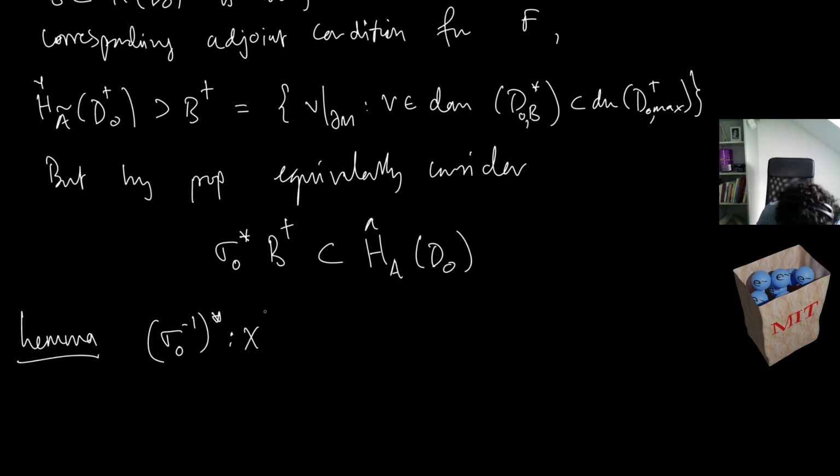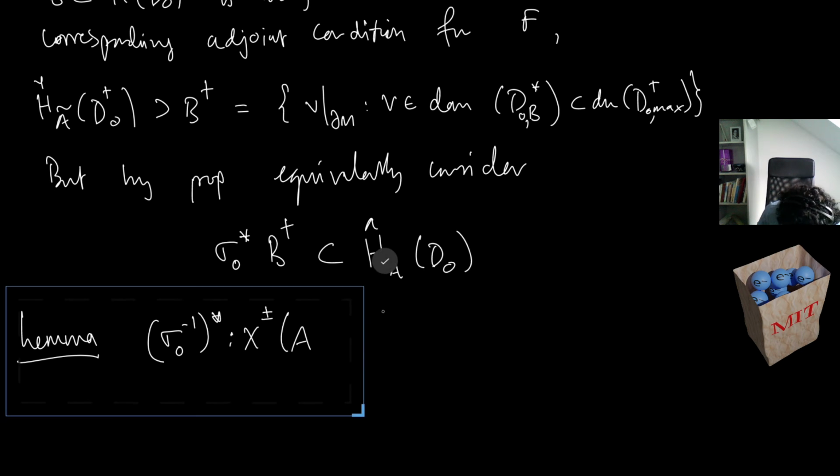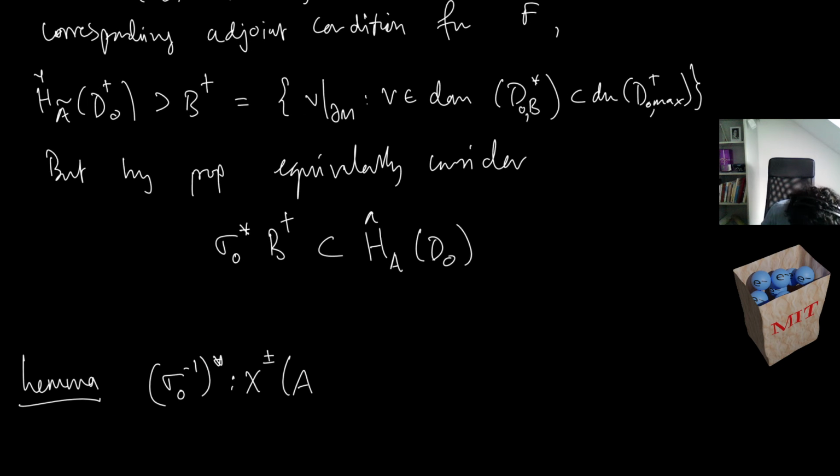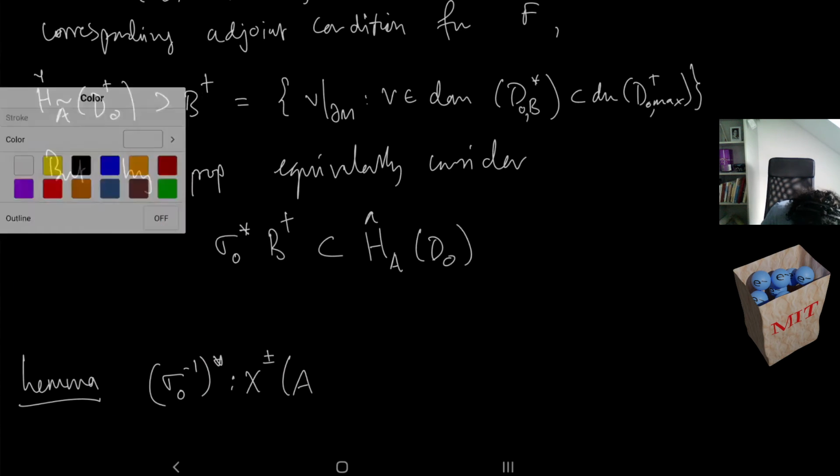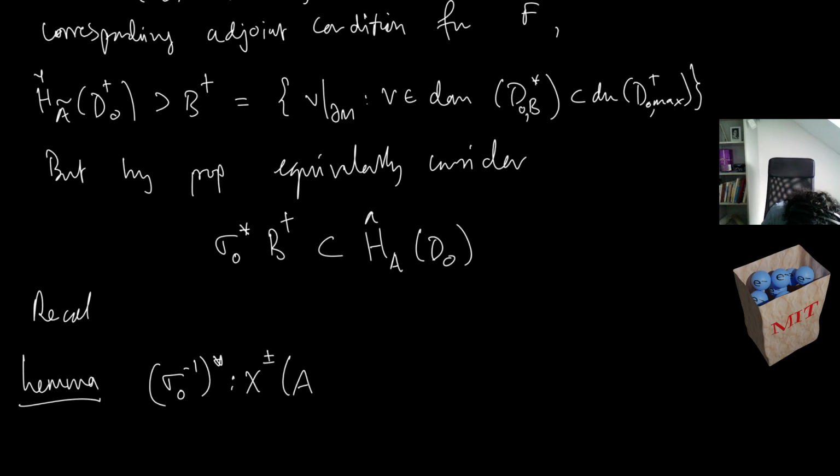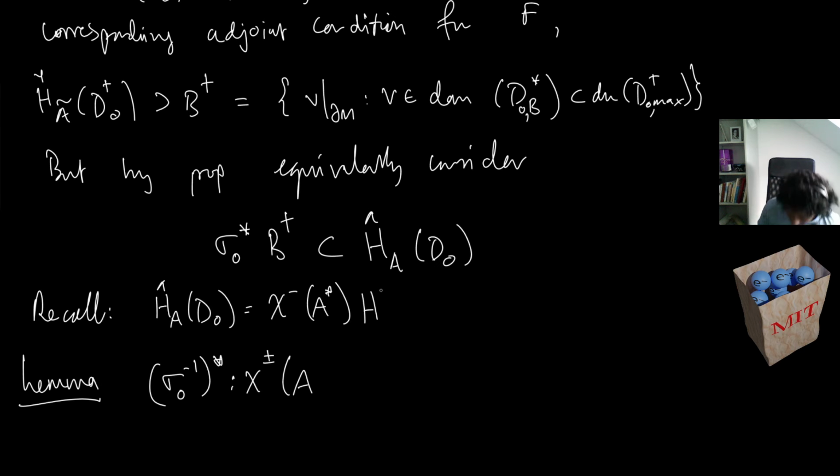So if we take these spectral cuts, let's just recall before we move on for this lemma that the hat space is at the level of the adjoint operator, right? So this is the chi minus of A star acting on H now minus a half at the level of the adjoint, right?